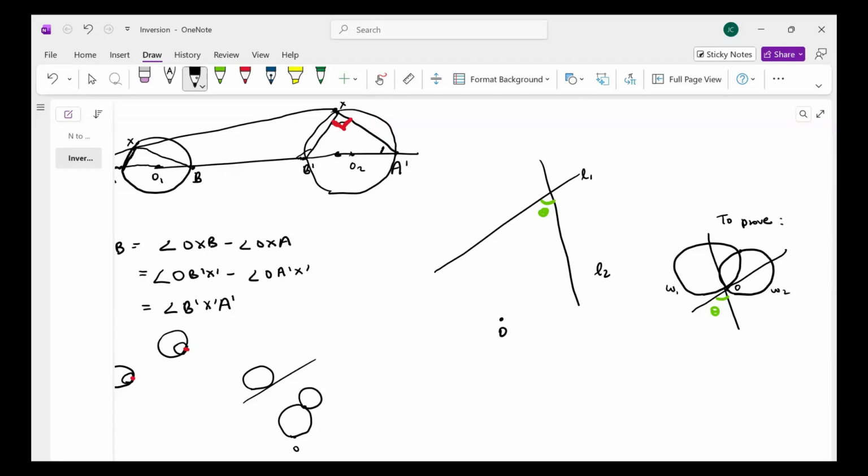No, one of them is the inverse of this point. If this point is P, one of them is P prime, and the other intersection must be O, because both of the circles must pass through O. Oh, okay, yes.